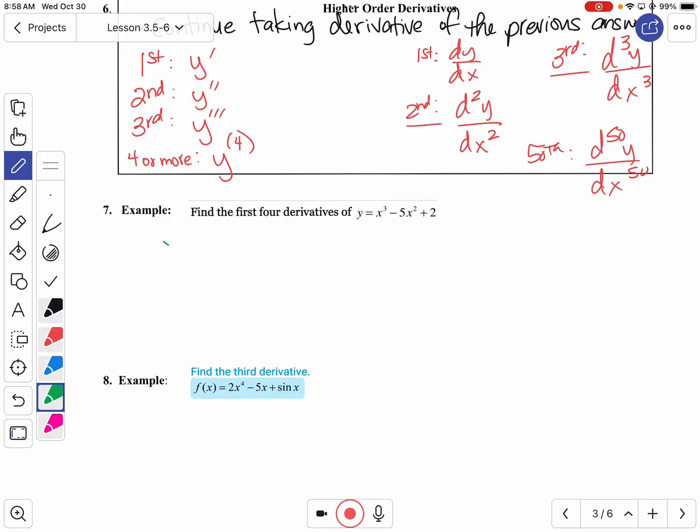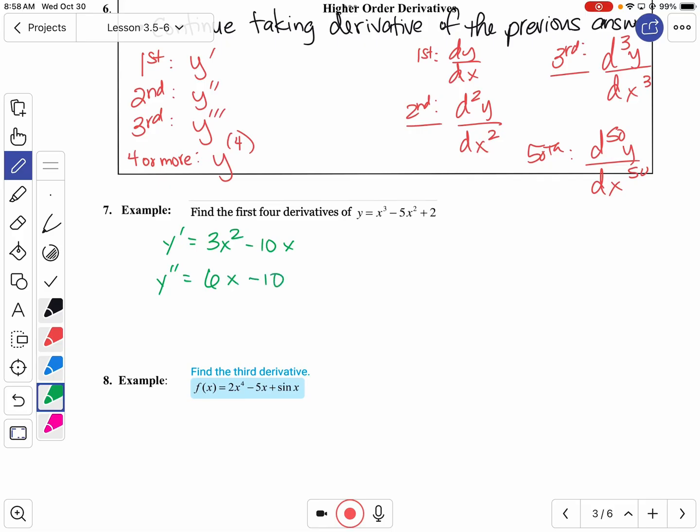First derivative, y prime. Do I need anything special to do these derivatives? No, they're all power rule. So 3x squared minus 10x is my first derivative. My second derivative, 6x minus 10.